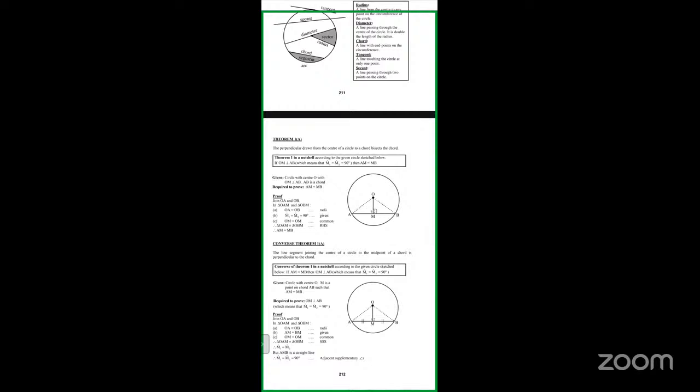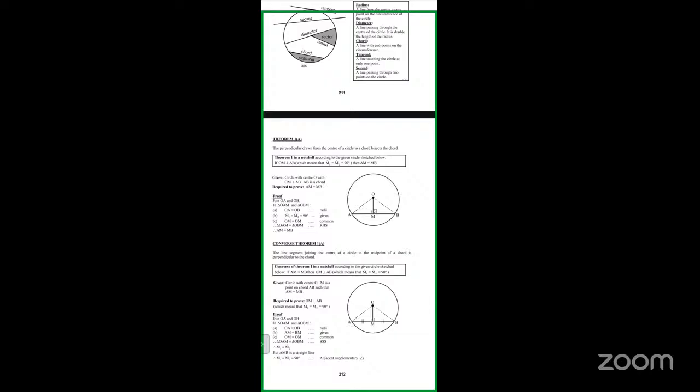from theorem 1, I think, up to theorem 11. So theorem 1 is saying that if the line is drawn OM, where O is the center, to the point M, and is perpendicular to that chord AB, then you can conclude by saying AM is equal to MB. You need to know these reasonings because you're always going to write the statement and reasoning.